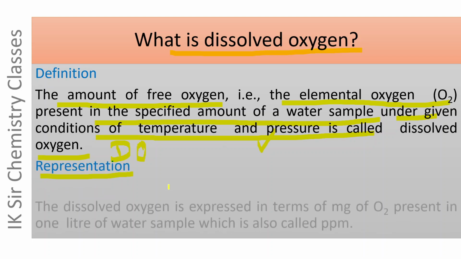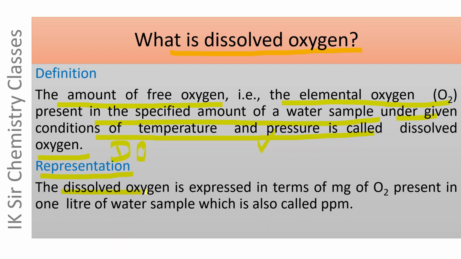Representation: the dissolved oxygen, that is DO, is expressed in terms of milligram of O2 present in 1 liter of water sample, which is also called ppm.